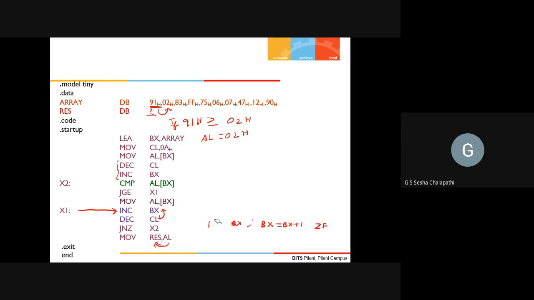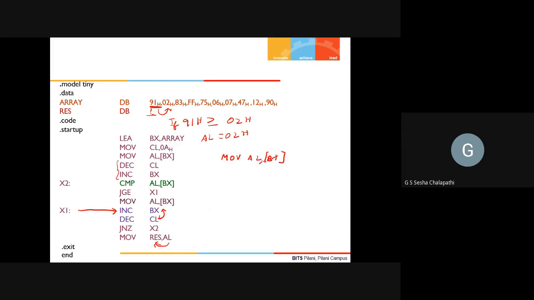It won't be so straightforward, I will say that. Why? Because I'll tell you. I hope others are understanding the question. Her doubt is that instead of writing increment BX and decrement CL again, I can put this in the right order. That means the program will be move AL comma BX brackets.